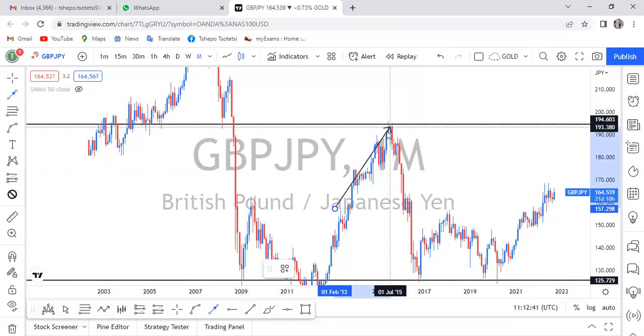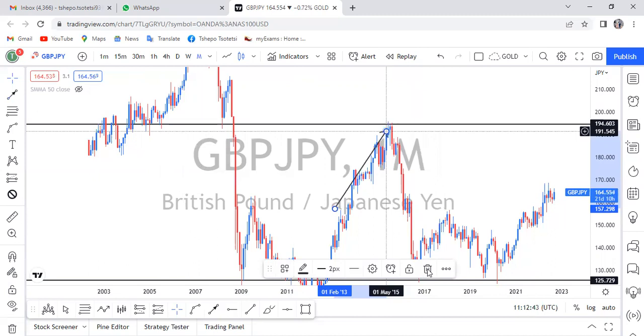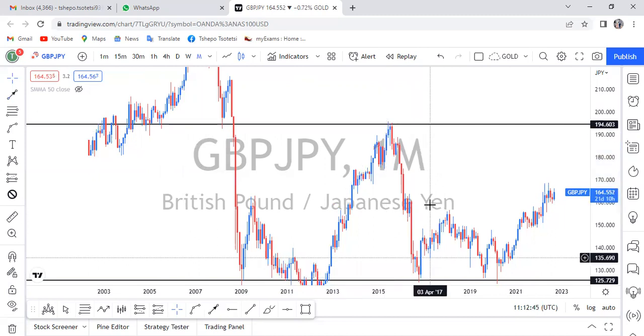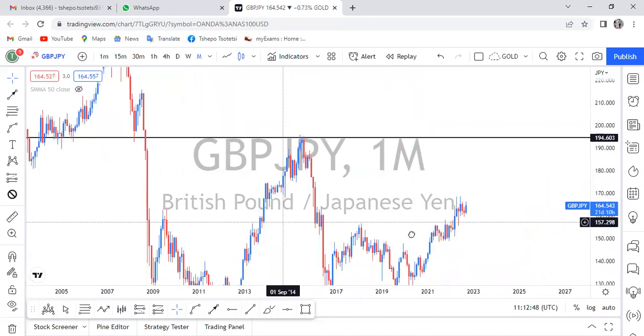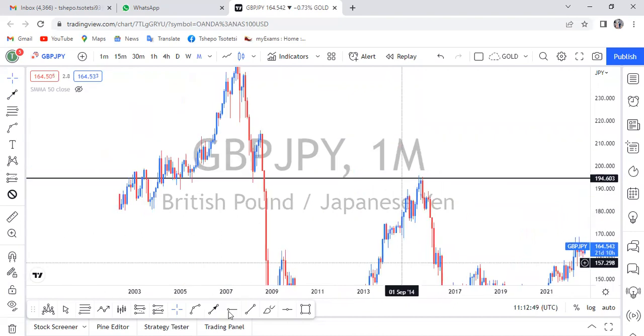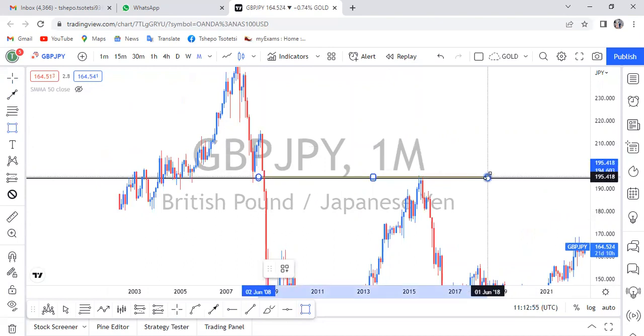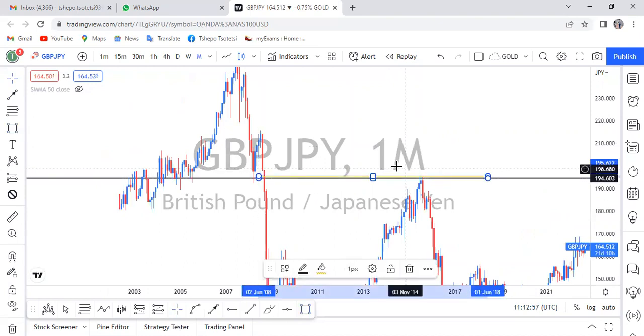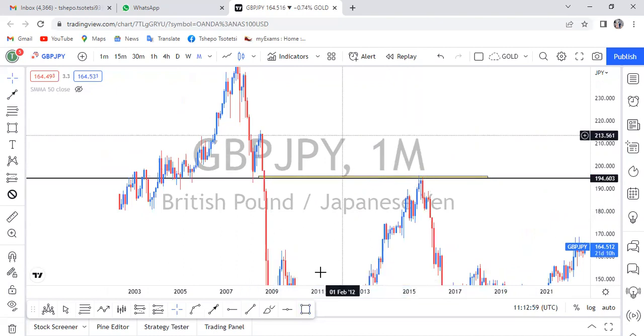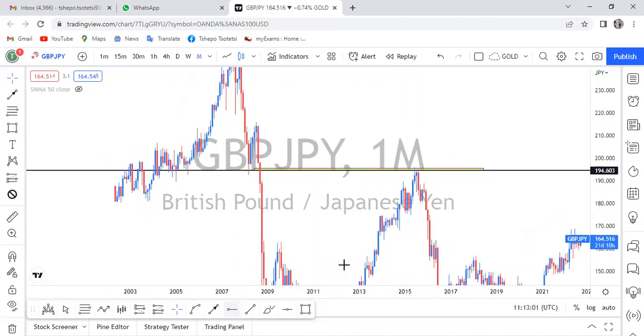Another thing is that support can also turn into a resistance. What I mean by that: when price is below this level, this level is our resistance.